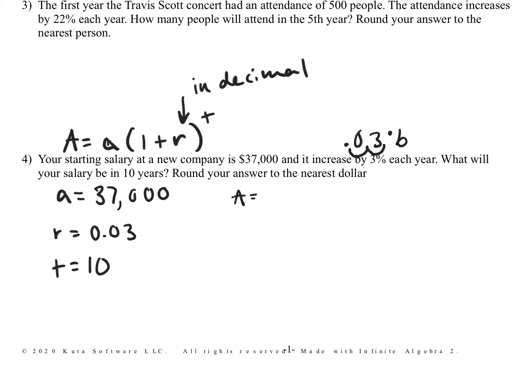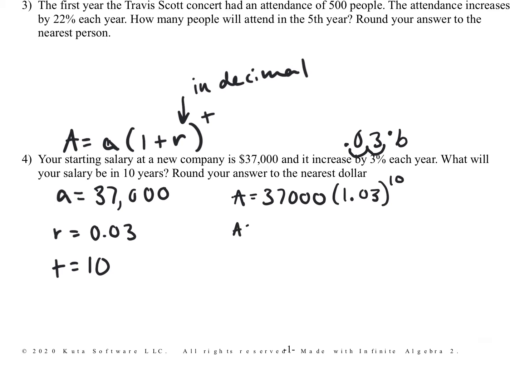We have A is equal to our starting amount, so 37,000, times 1 plus r, so 1.03, to the power of 10. So when we put this into our calculator, make sure you follow your order of operations. We need to do 1.03 to the power of 10 first.